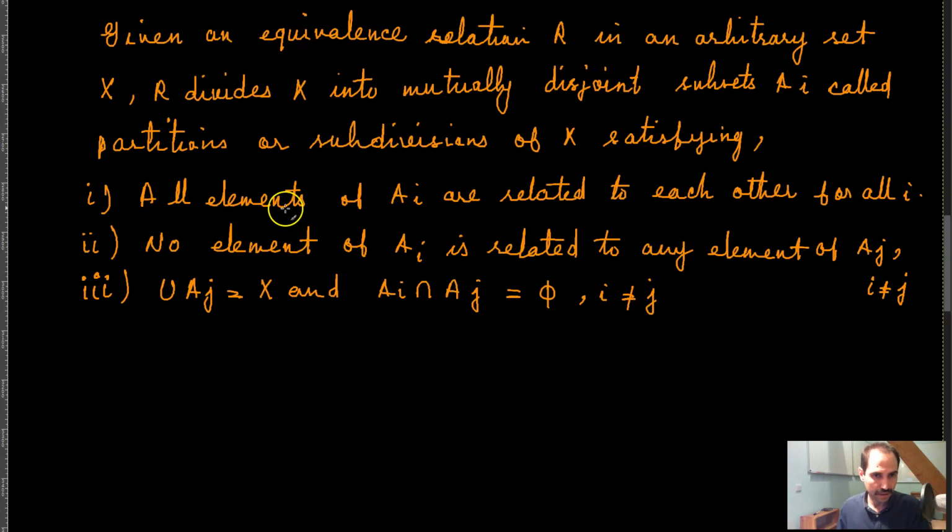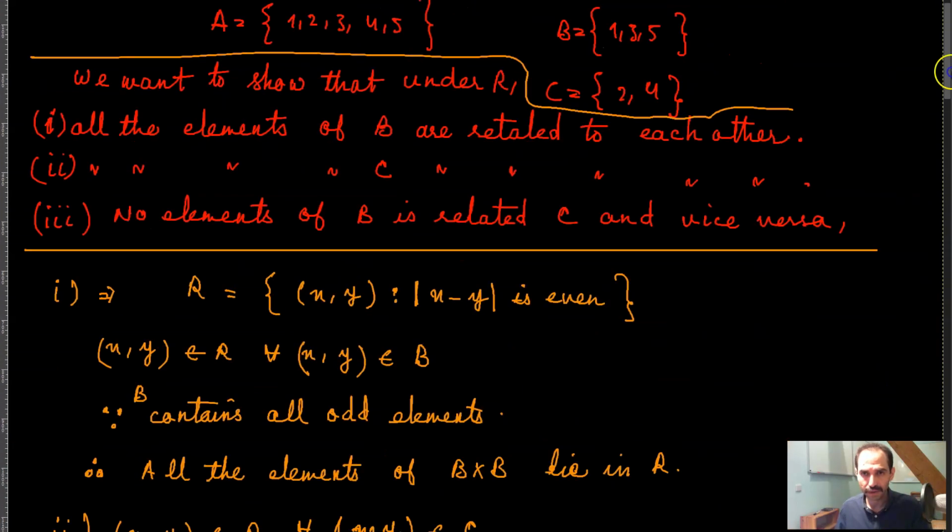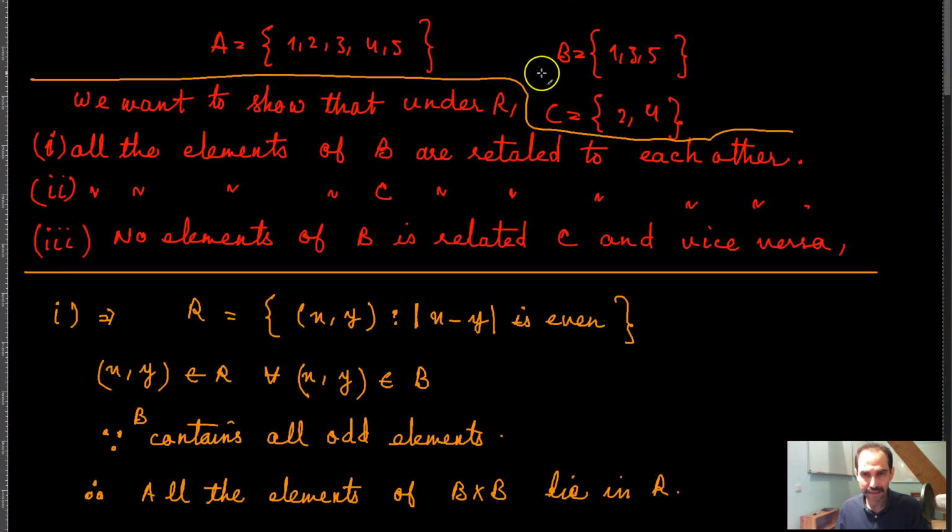So basically we said that all elements of A of I are related to each other for all I. What that means is that over here we saw that all the elements of this set are related to each other, and by the same logic all the elements of this set are related to each other.